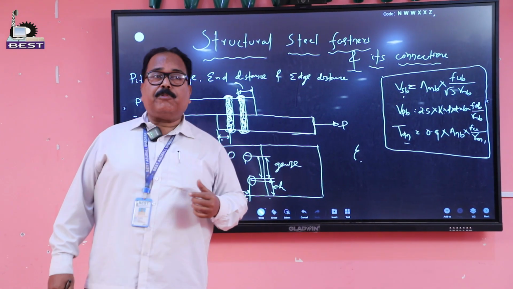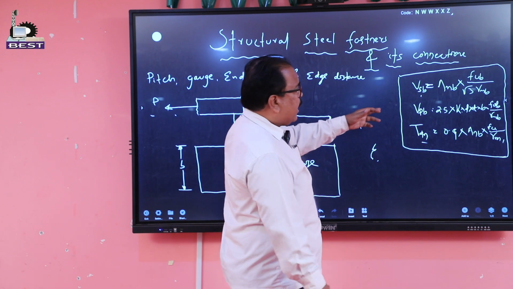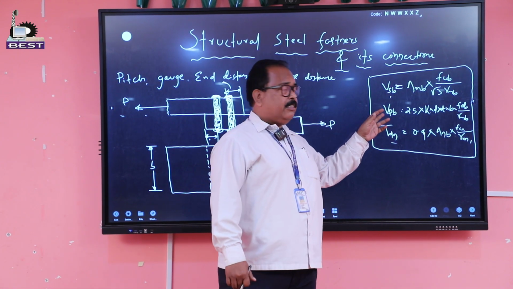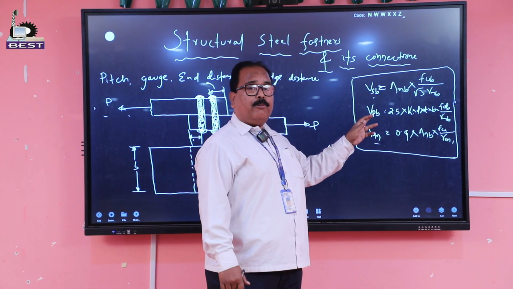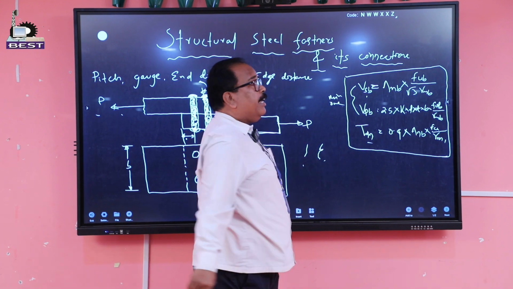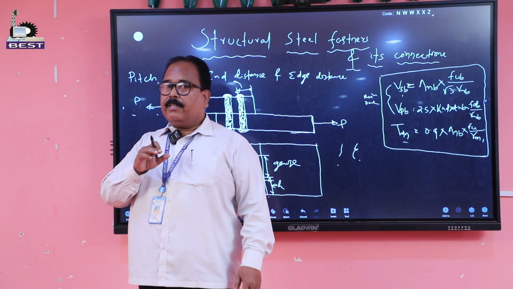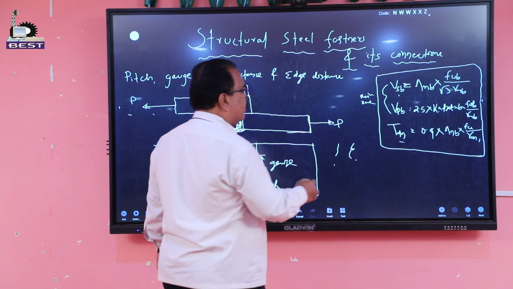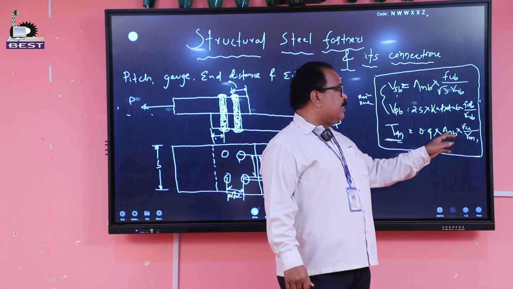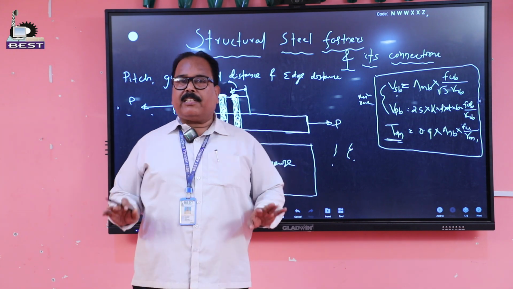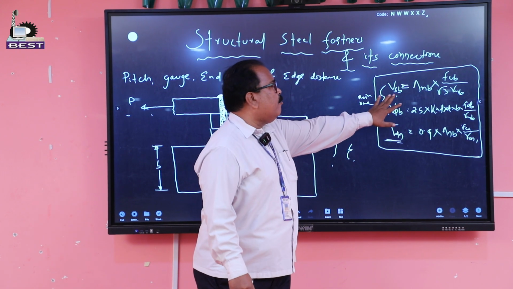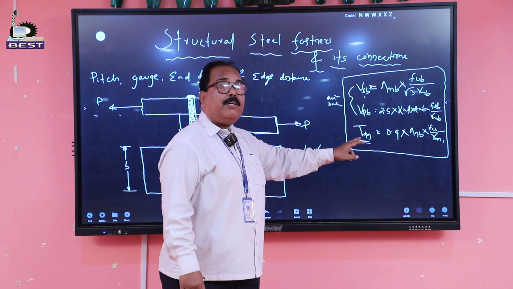It is the minimum of VSB and VPB, that is the shear strength of the bolt and the bearing strength of the bolt. Next comes the strength of the plate. There is only one formula, TDN equals 0.9 An fu by gamma m1, where An is the net effective area, as mentioned in the code book. Of these, the minimum of the bolt strengths is the strength of the bolt, and this is the strength of the plate.